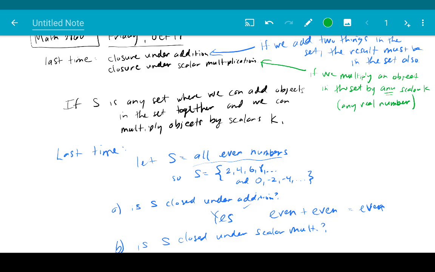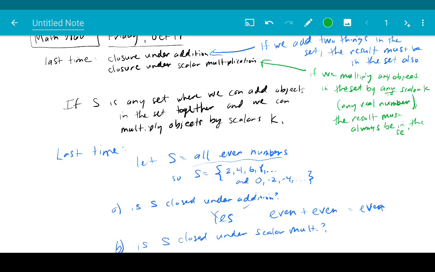And so in order to be closed under scalar multiplication, the set has to satisfy the property that if we multiply any object in the set by any scalar, k, the result, when you do that scalar multiplication, must always be in the set.